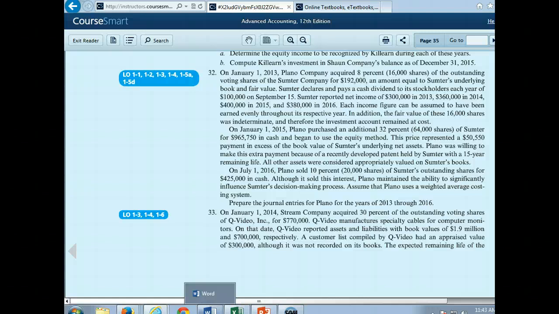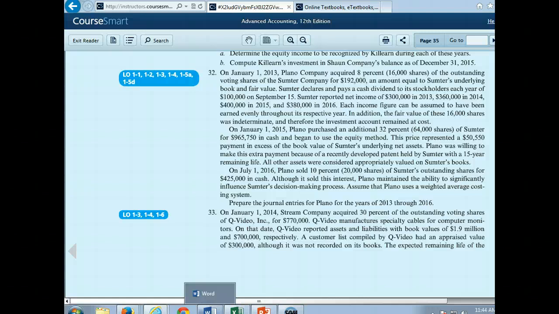This price represented a $50,550 payment in excess of the book value of Sumter's underlying net assets. Plano was willing to make this extra payment because of the recently developed patent held by Sumter with a 15-year remaining life. All other assets were considered appropriately valued by Sumter's books.